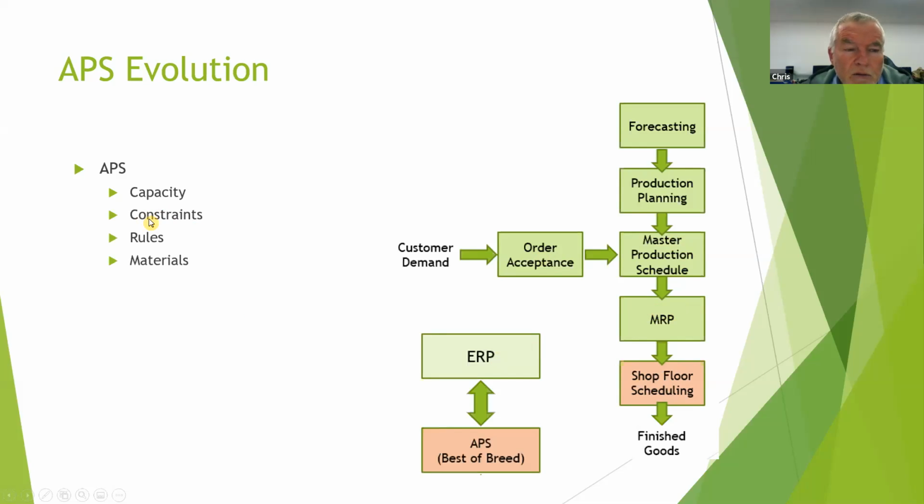As we added more considerations into the scheduling, we created best of breed advanced production scheduling solutions. There were a number of these that came to life, all trying to manage these various factors in a way that was completely outside the master production schedule and MRP.